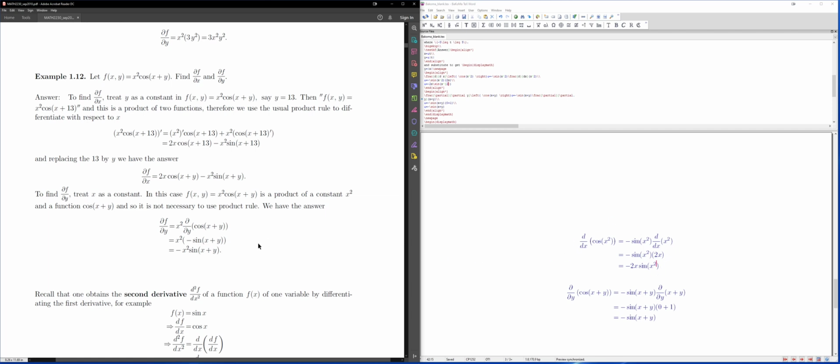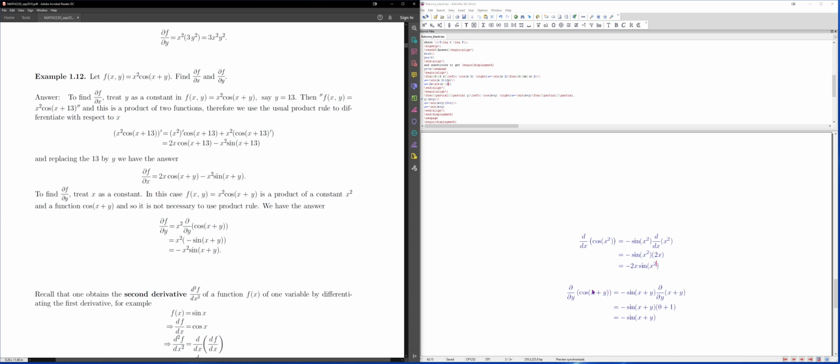So going back to our problem here, what we wanted to do is differentiate cos(x + y). Similarly, if I want to differentiate cos(x + y) with respect to y, this is now partial differentiation. You're treating the x as a constant and differentiating with respect to y. So you differentiate the cosine, you're going to get minus sine(x + y).